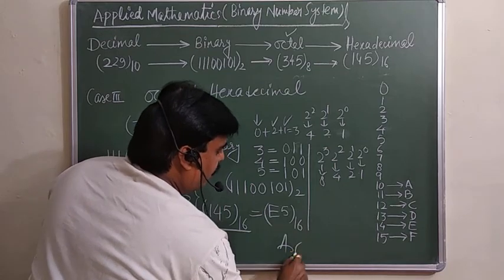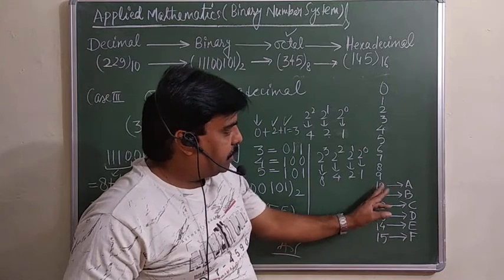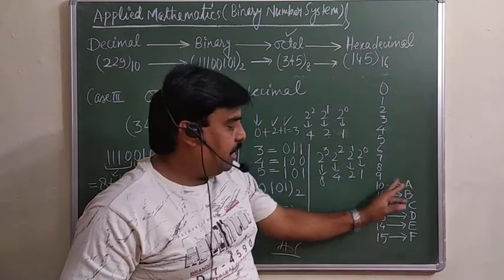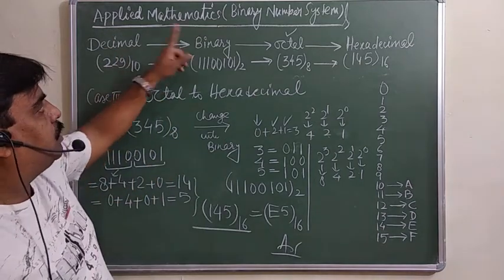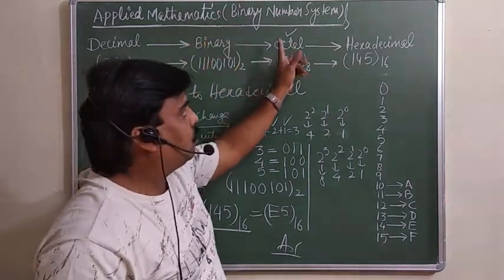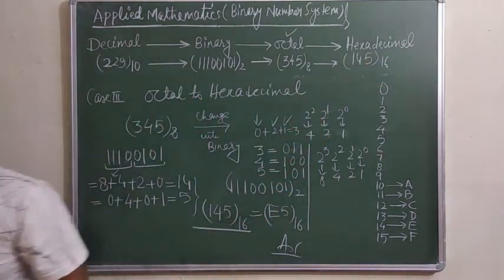This is also a way to represent it in hexadecimal form. As soon as we go above 9, we can write A for 10, B for 11, likewise. So you can change decimal into binary, binary into octal, and octal into hexadecimal. Have a look.